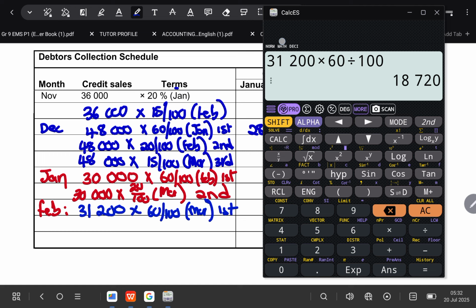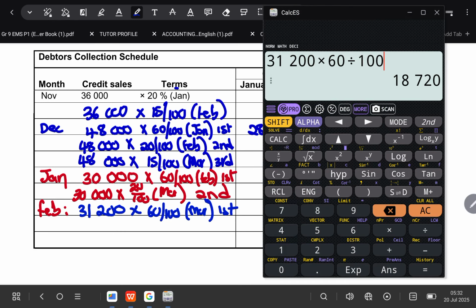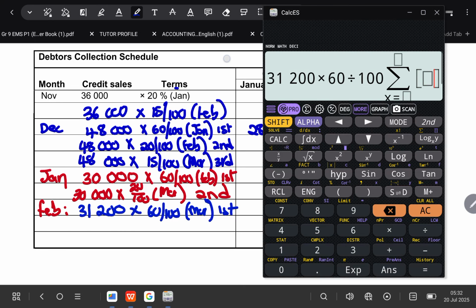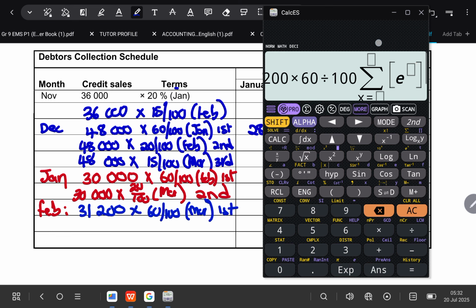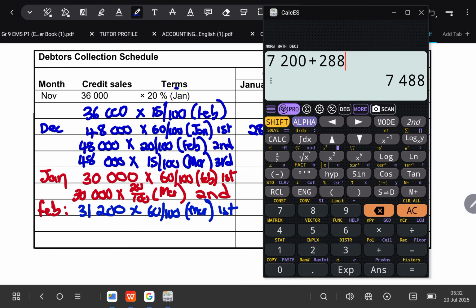Then after this, what we need to do is to add all our totals. I'm trying to move this calculator. Okay, it doesn't want to be moved, so I'll say 7,200, and then I'll add it together with 28,800.